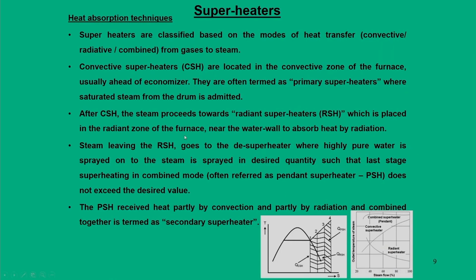Now, whatever I have explained, if I have to read out, then we can say that heat absorption techniques in the superheaters can be listed as follows. They are classified as convective, radiative or combined mode. Heat is taken from gas to the steam.